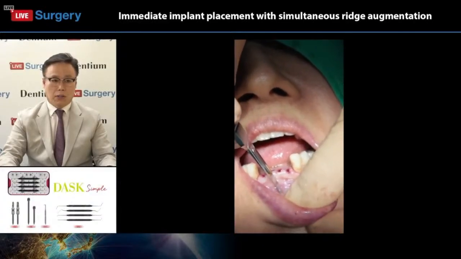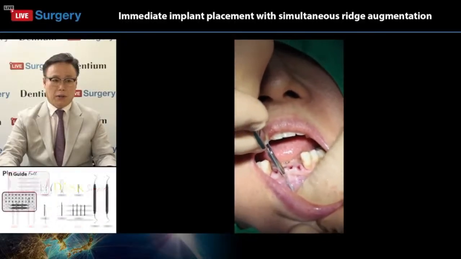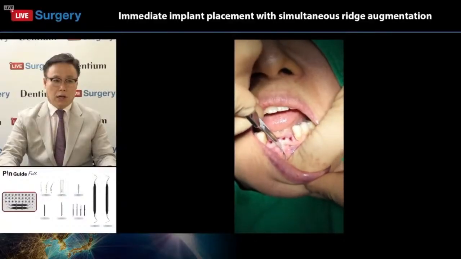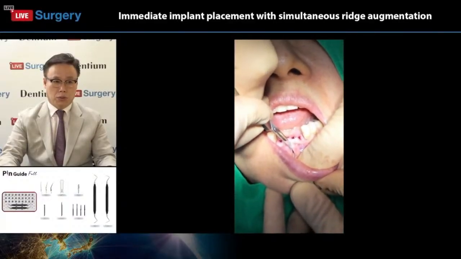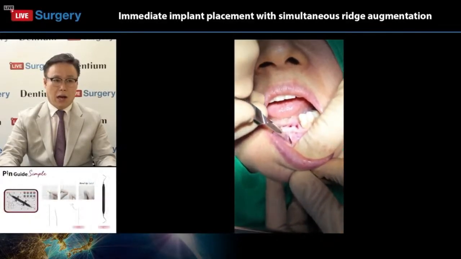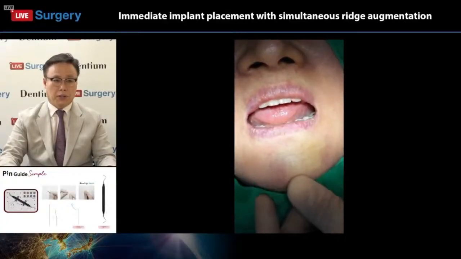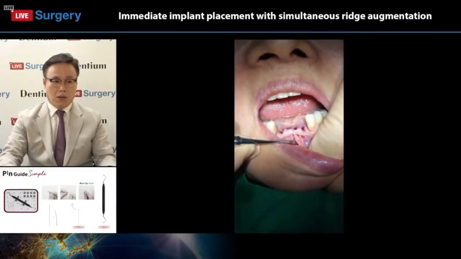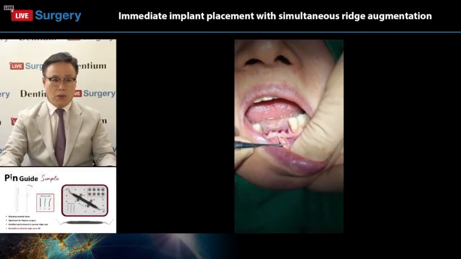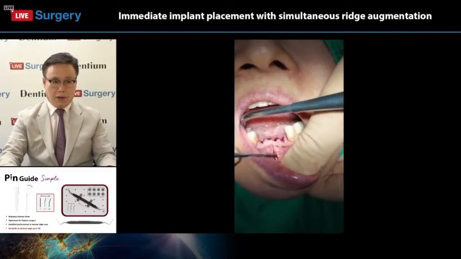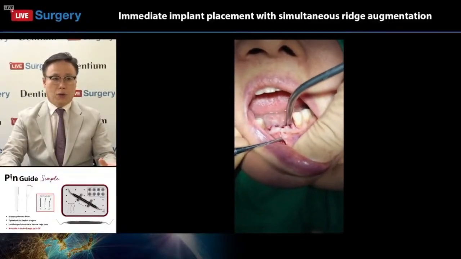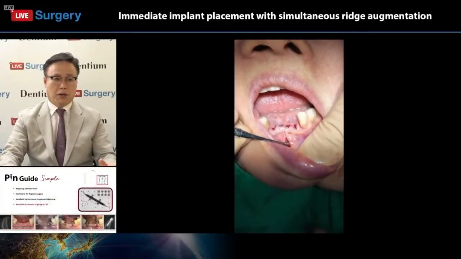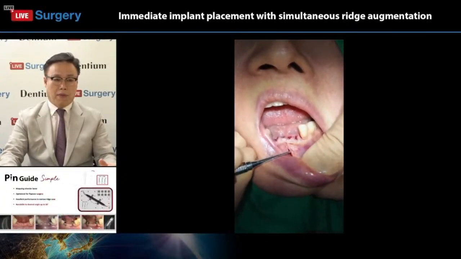So now it's time to evaluate the inside. Once we finish the drilling, I want you to evaluate the inside, how it looks, whether there's a dehiscence defect, or how thin the buccal side of the bone is, or whether we made some dehiscence defect during the bony site preparation.